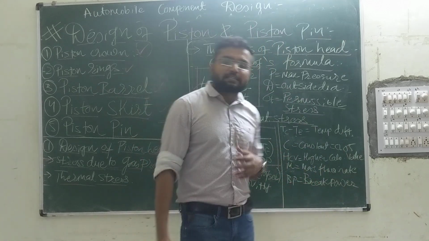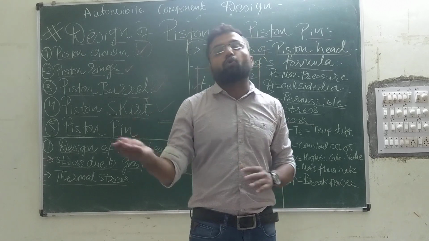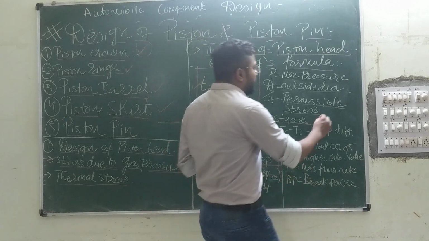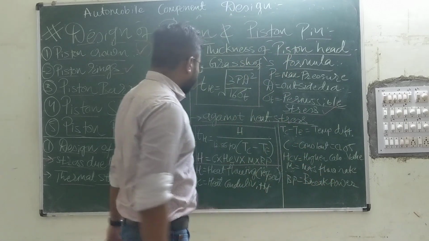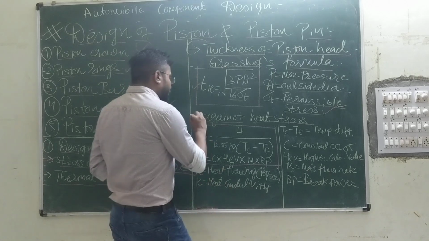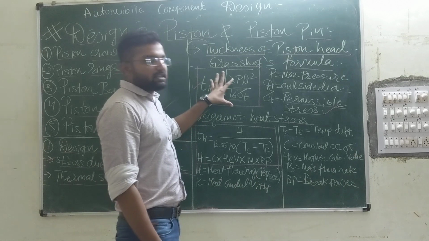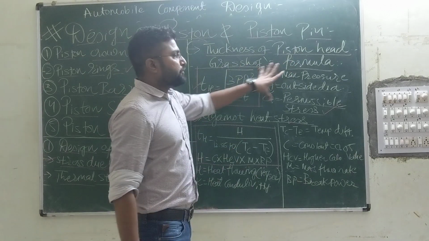And for forged steel, it will be 80 to 100 megapascal. So sigma_t depends upon what material you are going to use for our piston. Clear? Ultimately, this is our direct stress formula, depending on how this gas pressure acts upon our piston head.